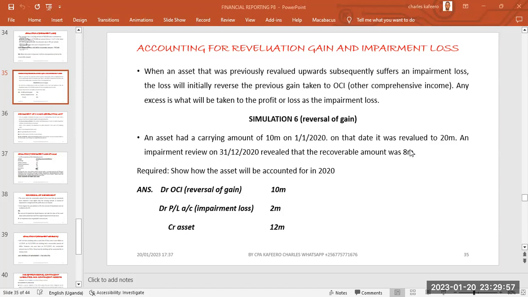And we are looking at scenarios whereby if that happens, how are we going to be treating, or which figures are we going to be taking to our financials as far as recording those assets in our balance sheet is concerned.